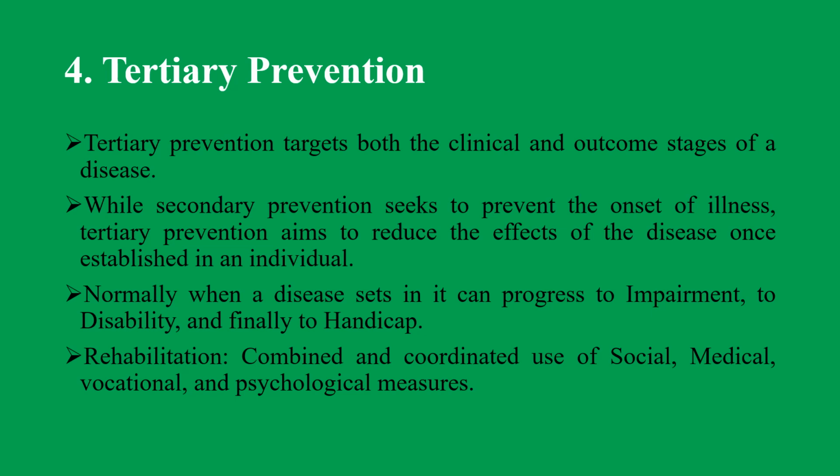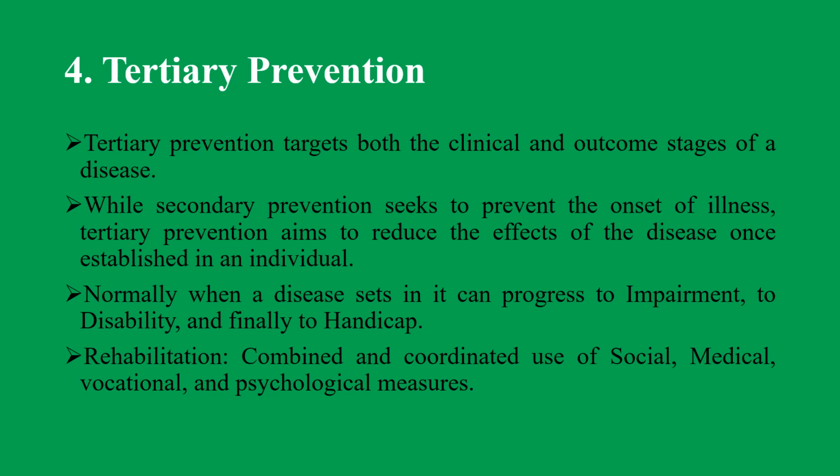Normally when a disease sets in, or when a disease occurs, it can progress to impairment, to disability, and finally to handicap if there is no prompt intervention. So when we talk about impairment, it's just loss of or an abnormality of anatomical structure, physiological or psychological functions of an individual.